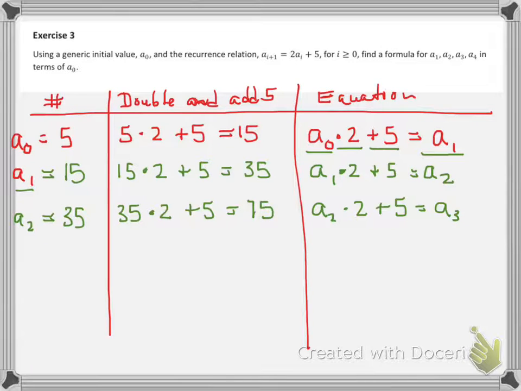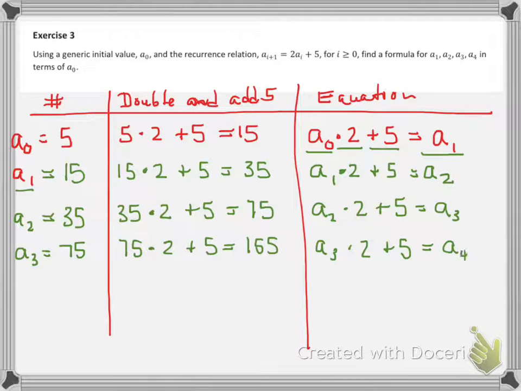And we could just continue. We could say, okay, A sub 3 is 75. 75 times 2, that's 150, plus 5 is 155. And so what we really did was we took our initial number, A sub 3, we doubled it, we added 5, and that's going to be equal to our next number, which is A sub 4. So we've got a nice pattern here.